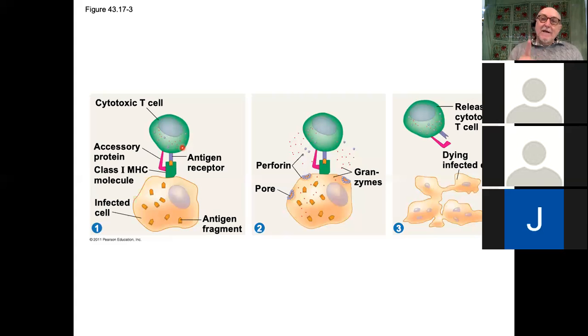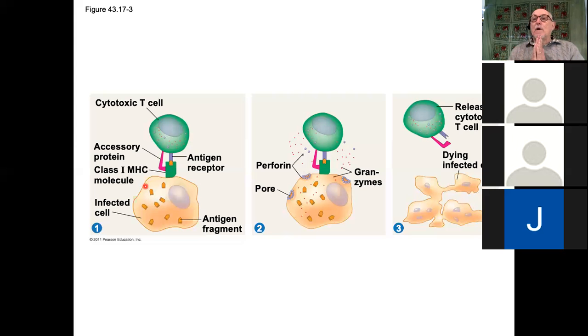The way that they recognize the cells that are infected is as follows. Almost all of our cells can display protein from inside the cytoplasm. And we do it with this molecule. It's also an MHC molecule, but it is MHC class 1.